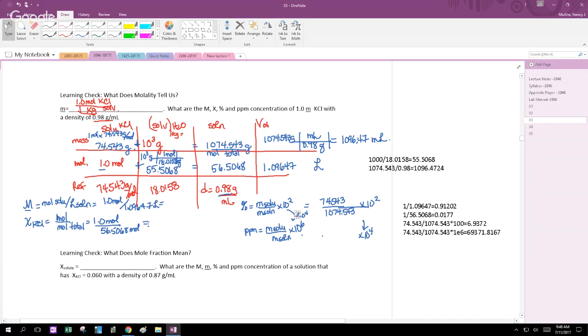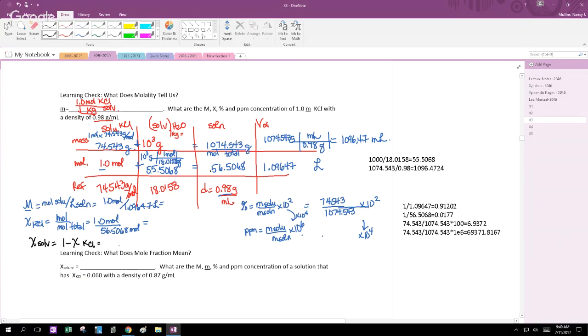We calculated the mole fraction based on the KCl. If I needed to know the mole fraction based on my solvent, how would I find that? You absolutely could just set up that fraction, or you can say 1 minus the mole fraction of your KCl. Because you know the mole fractions have to sum to 1.